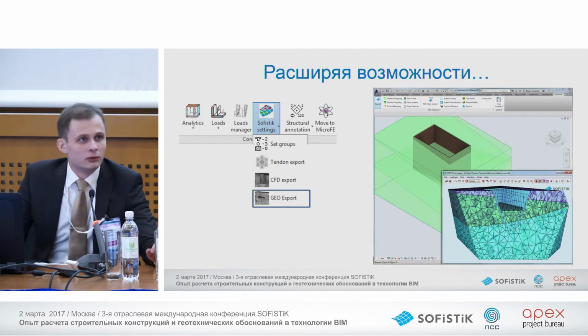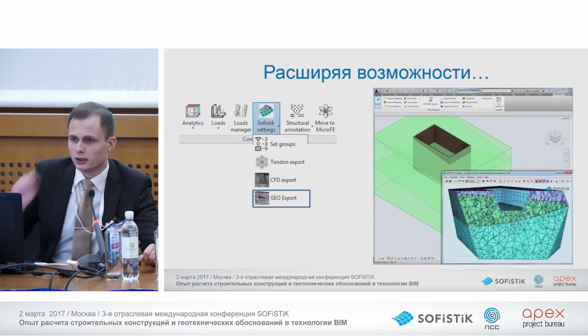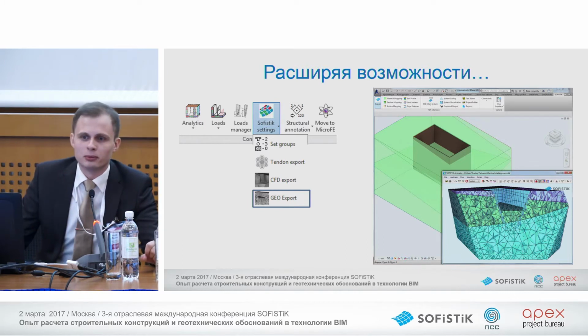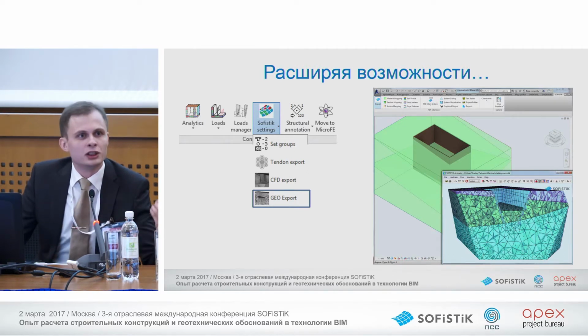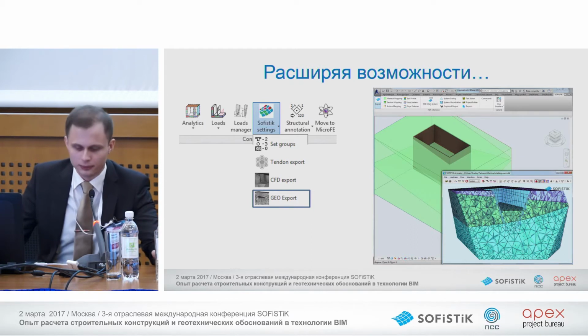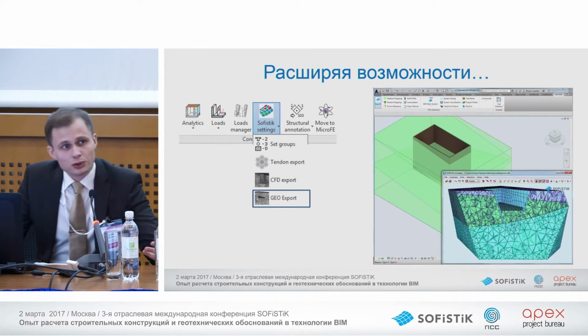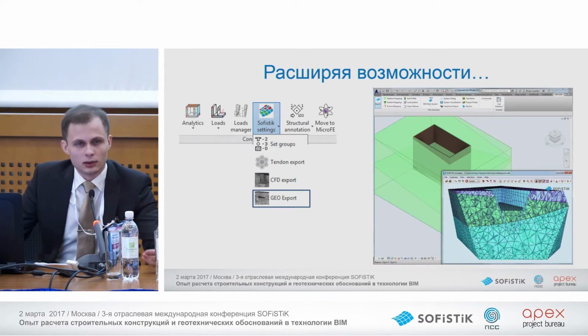Then, if we expand those capabilities, we do make some experiments. In Apex, we have our own plugins, including this one. An interesting one, actually. In version 17, you can use analytical surfaces, not volumes, but spaces, as they call it, calculated elements, and it can be reflected in analytical models.